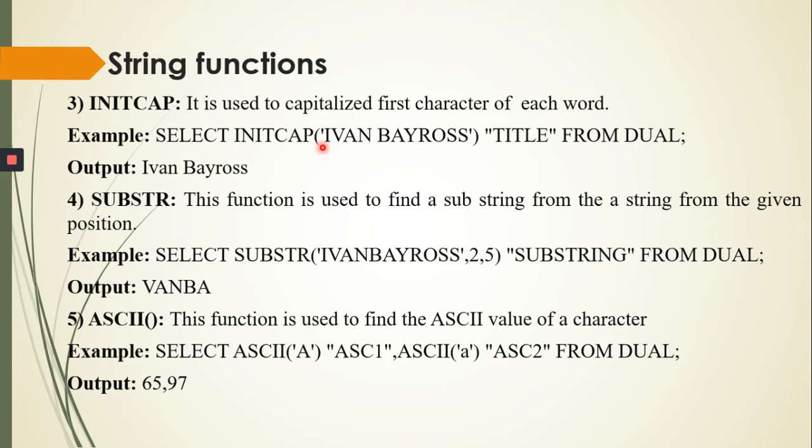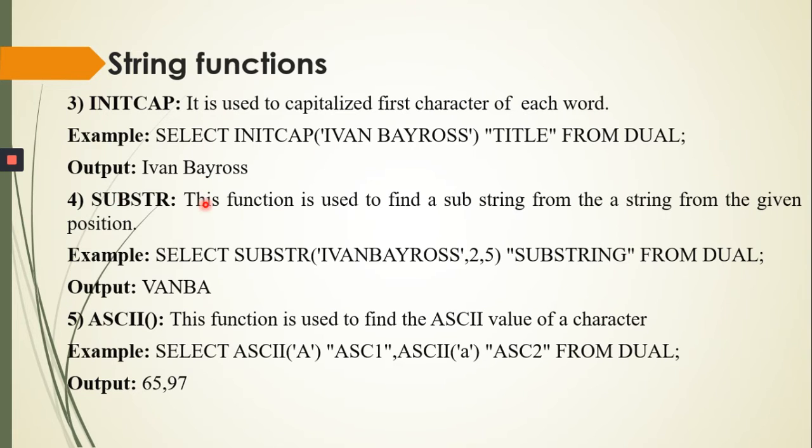The first character here is I and here the first character is B. So they remain the same in capital letters, and other characters are converted into small letters. So our output will be Even, where I is capital, and Barrows, where B is capital. So this is the functionality of the initcap function.